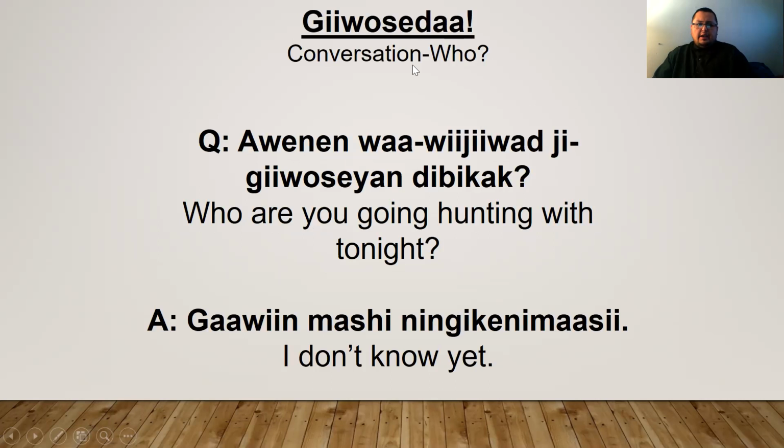Okay, so next we're going to talk in a conversation about who. Okay, so we see Awenen wa ouijiwad jigiwoseyan dibikuk? Awenen wa ouijiwad jigiwoseyan dibikuk? Okay, who are you going hunting with tonight? Awenen is our who word. Wa is our future tense. Okay. As you saw in our last one, it said we. Wa is also our future tense.